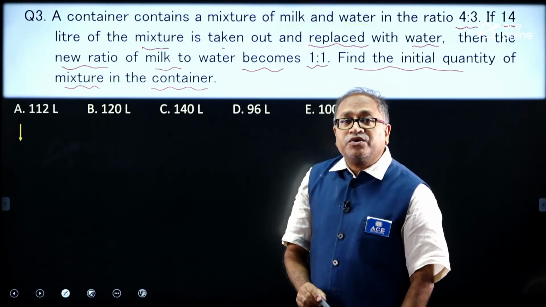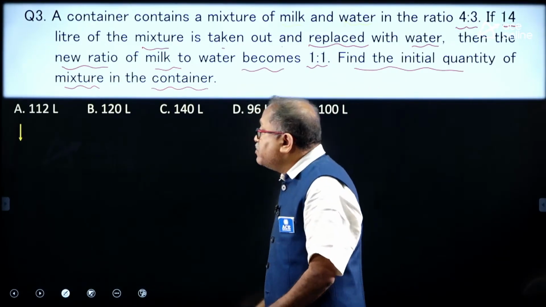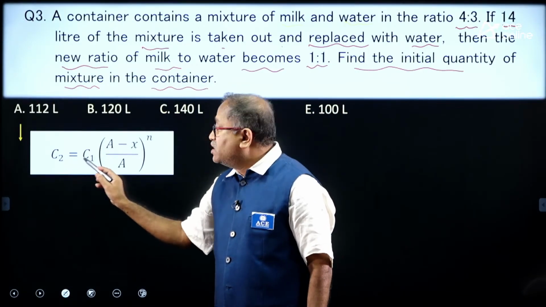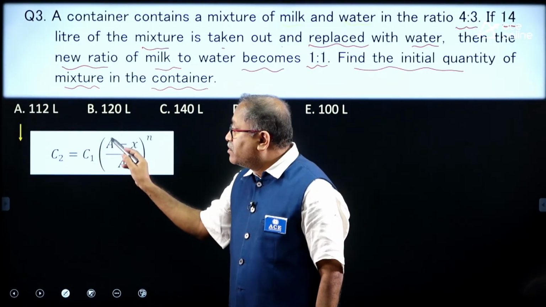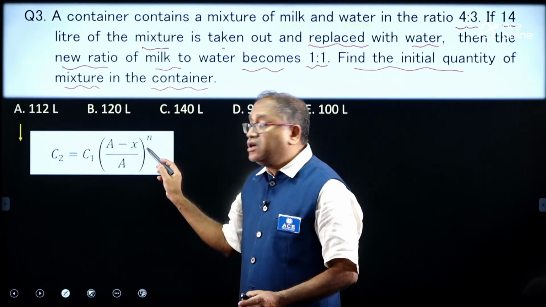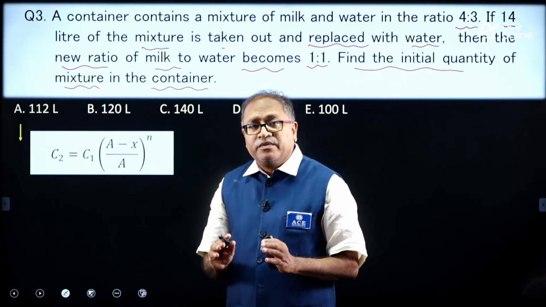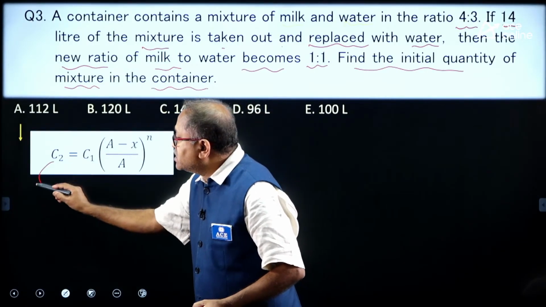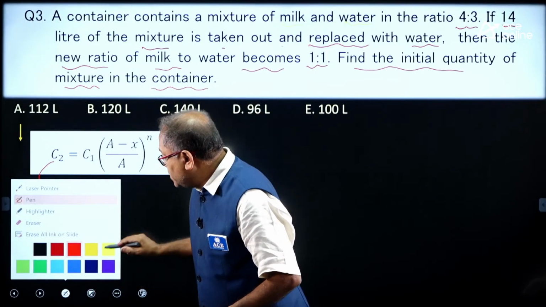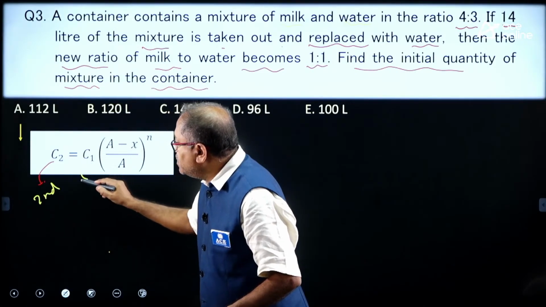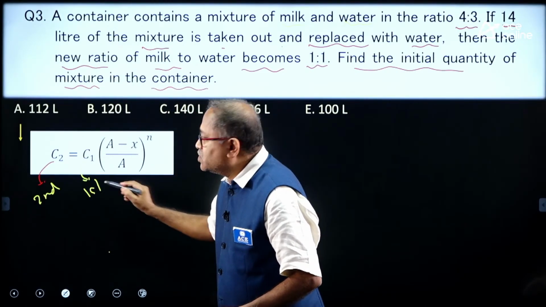So, those who do not know, I will be giving one simple formula, and that is C2 is equal to C1 under the bracket (A minus x) by A to the whole power n. What is this C1 and C2? C2 is the second ratio, and C1 is the first ratio.